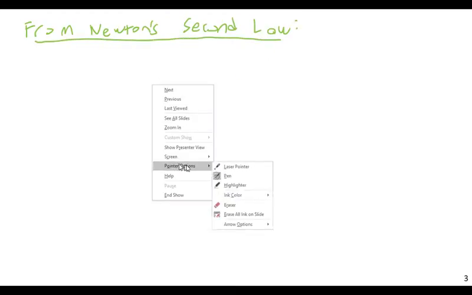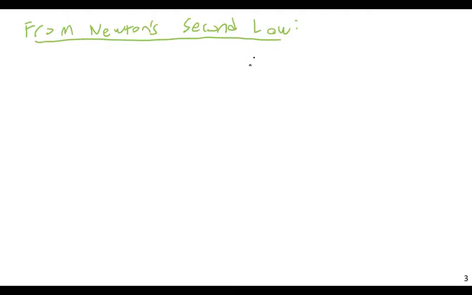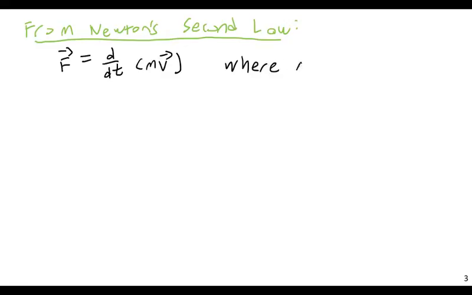From Newton's second law, the force vector is equal to d/dt of mv, where of course mv is the linear momentum.